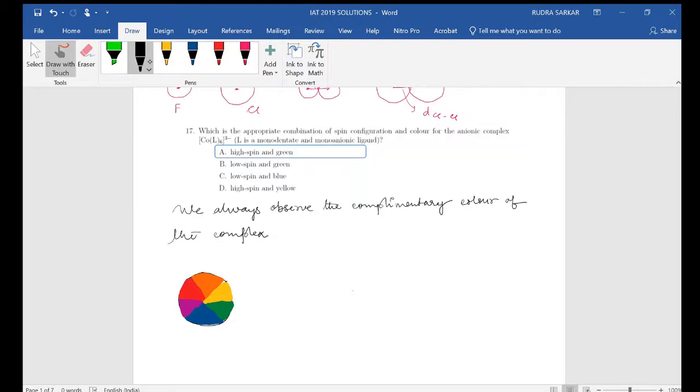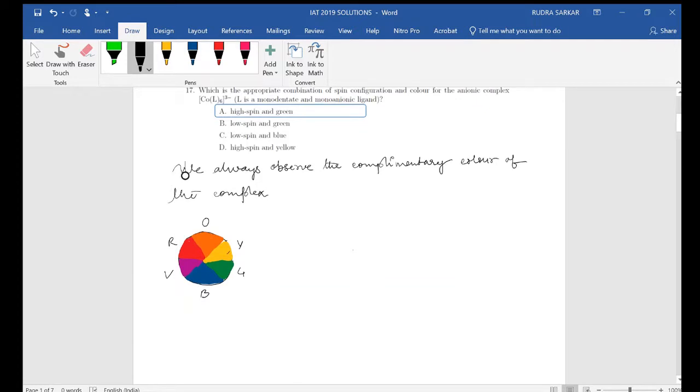So violet looks absorbing yellow, blue looks absorbing orange, green looks absorbing red, yellow looks absorbing violet, and that is how we have to remember. Now in the given options over here, let us make a table.